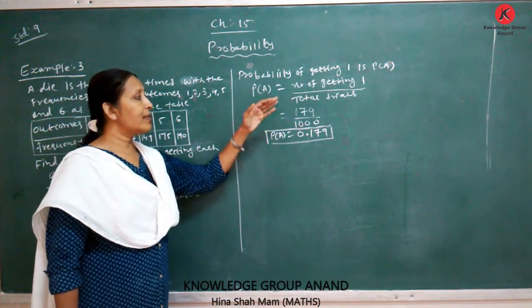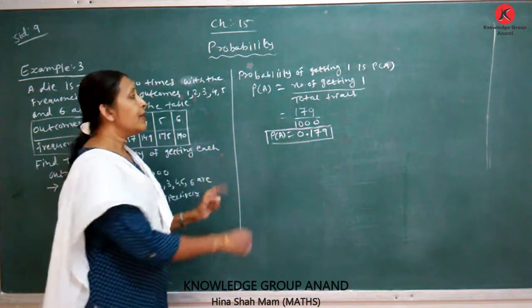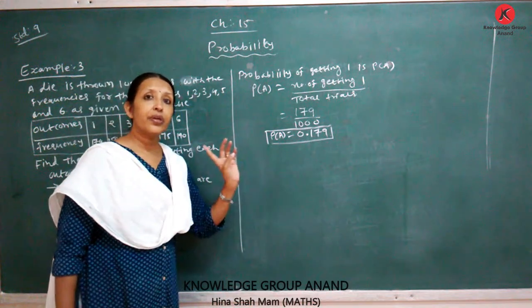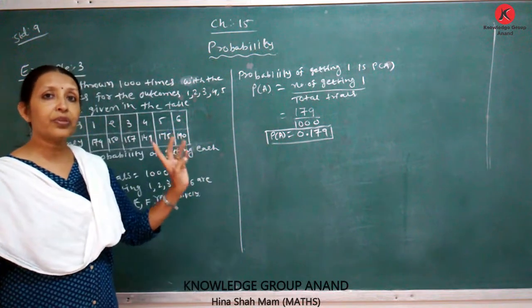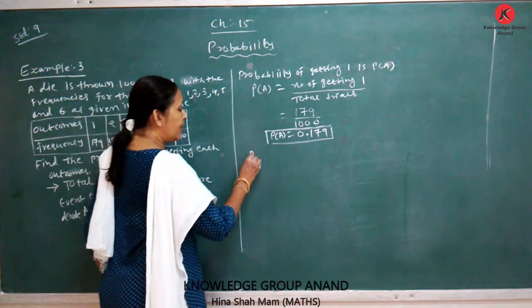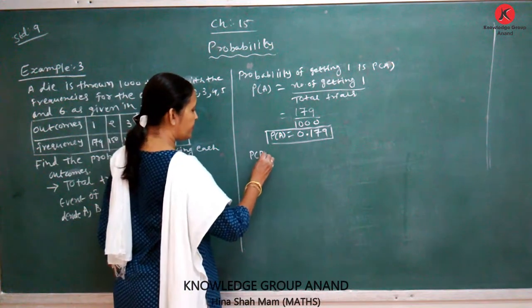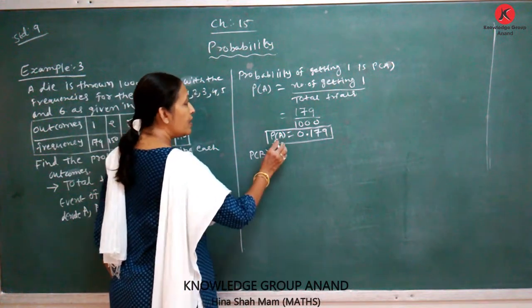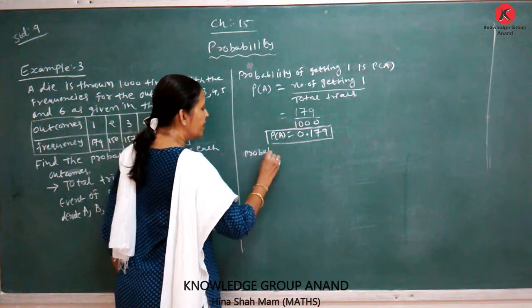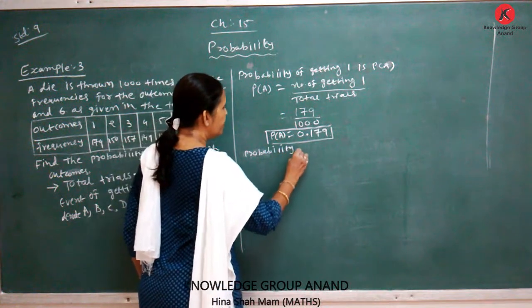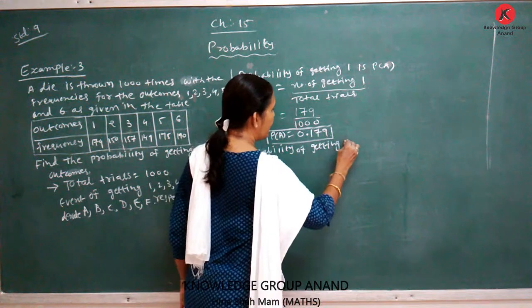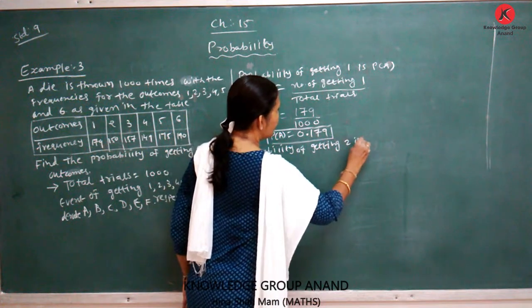Now I calculate 2, then you calculate 3, 4, 5, 6 by yourself in your notebook. The probability of getting 2 is P(B).